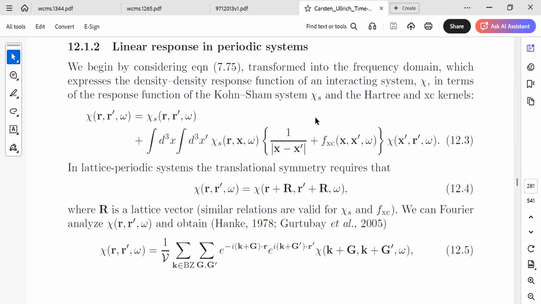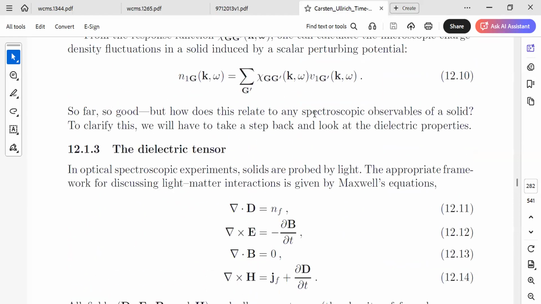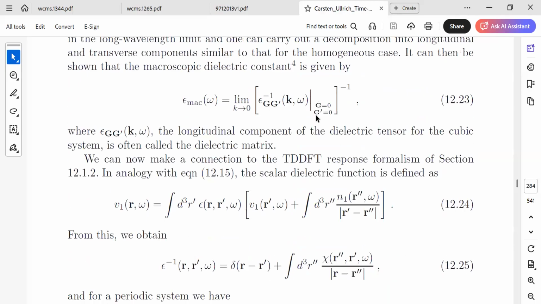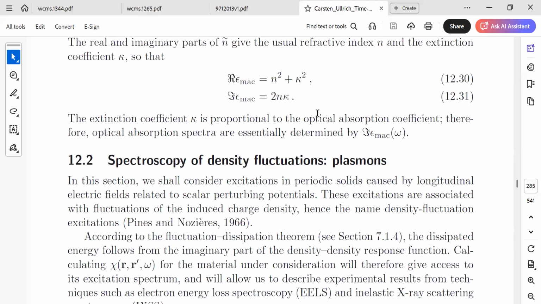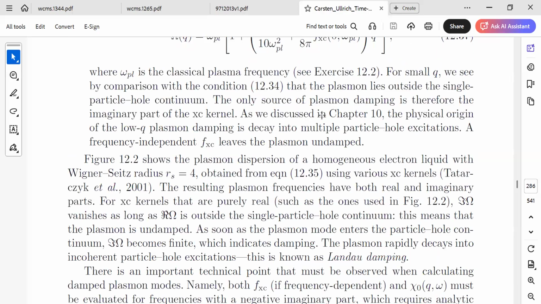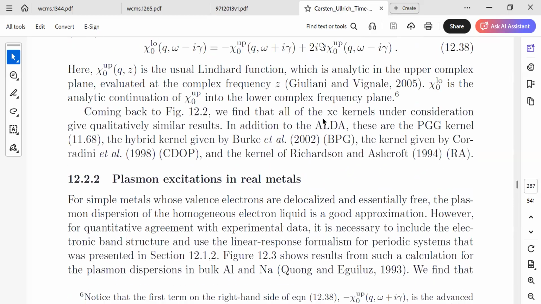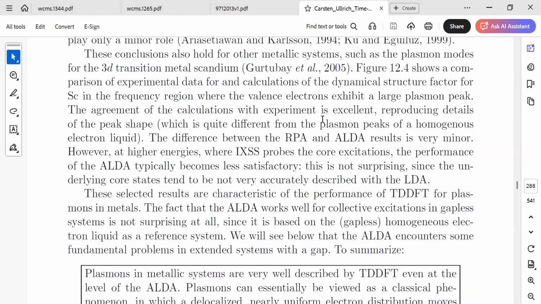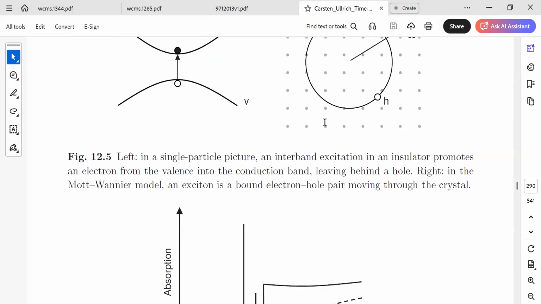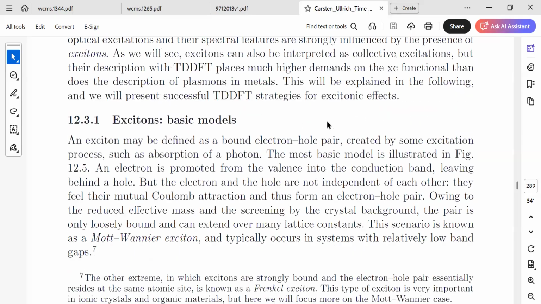I have to give you some feeling for the quasi-particle energies and the meaning of the quasi-particle. Let me see if I can have some sort of explanation. These are actually excitons.